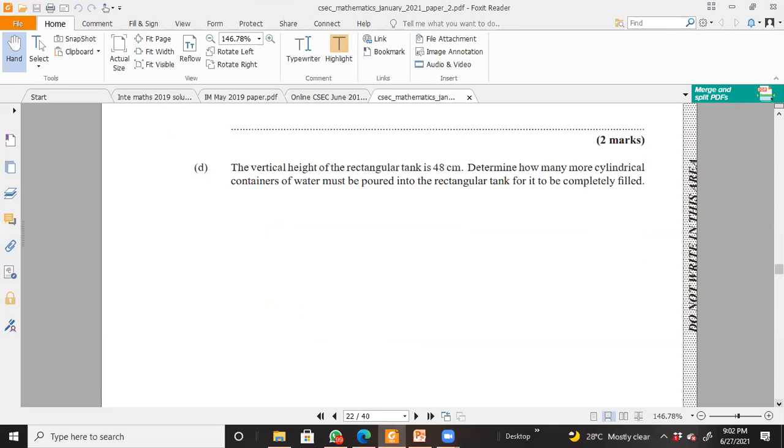Okay. What did they say now? The vertical height of the tank is 48 centimeter.